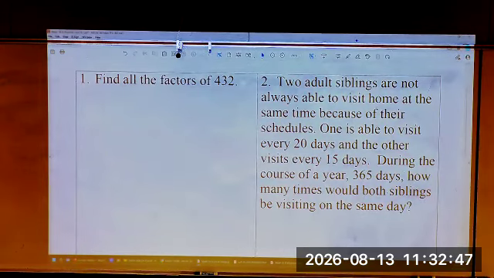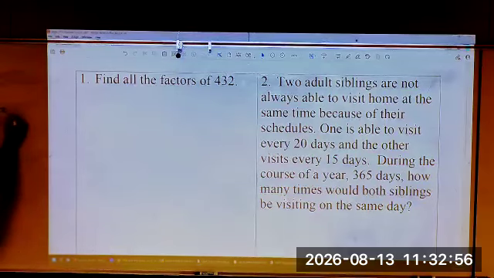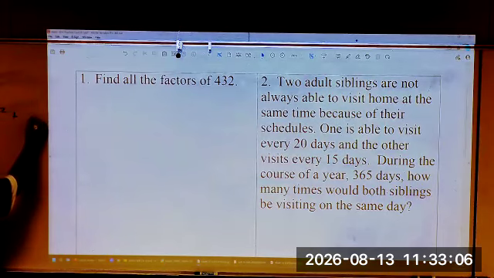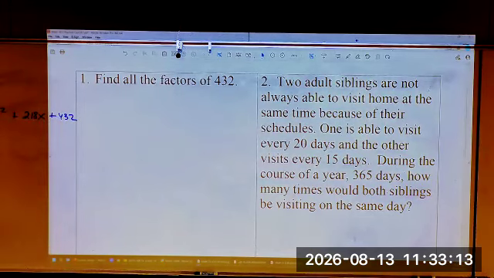When I'm teaching algebra and I'm trying to teach factoring, something that might look like x squared plus 218x plus 432, and you're supposed to factor it.